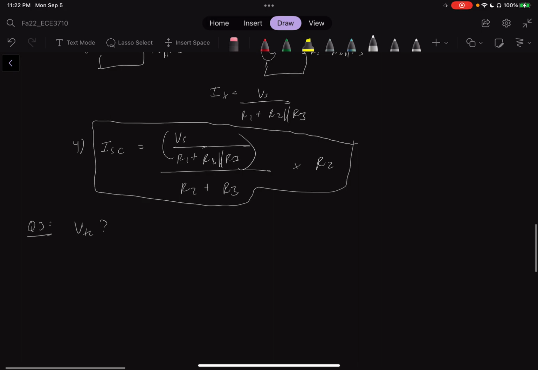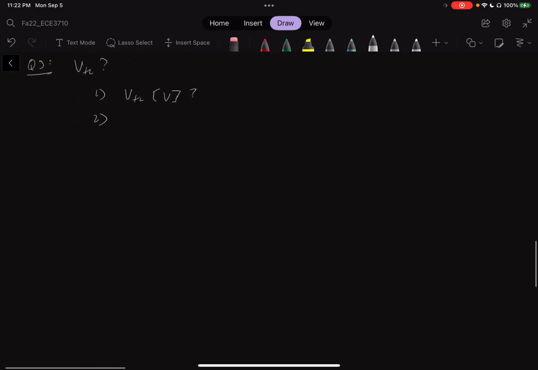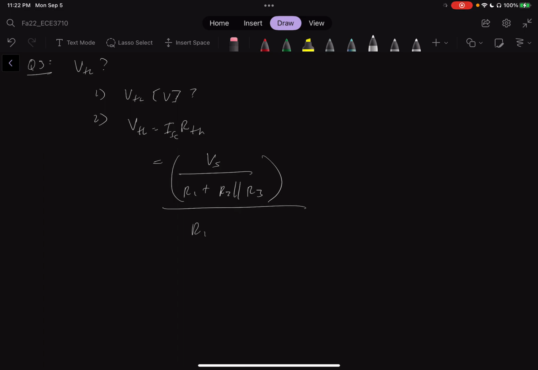And the usual next question is question 3. What is Vthevenin? Okay, Vthevenin. So maybe we were going for units in volts. Well, we know Vthevenin is equal to ISC times R Thevenin. So that means it's equal to Vs divided by R1 plus R2 parallel to R3, divided by R2 plus R3 times R2, times R Thevenin, which is what?